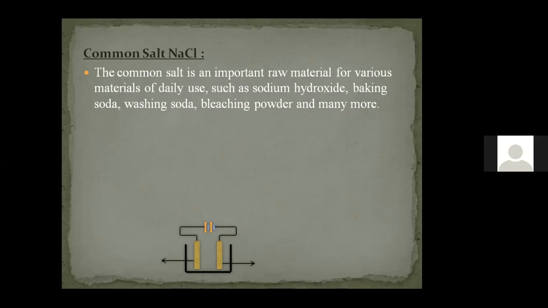Sodium hydroxide is required in soap. Baking soda is used for cooking. Washing soda is used in detergent or for washing purposes, and bleaching powder is used for cleansing, or it acts as a cleansing agent.